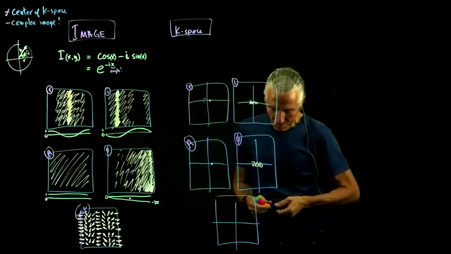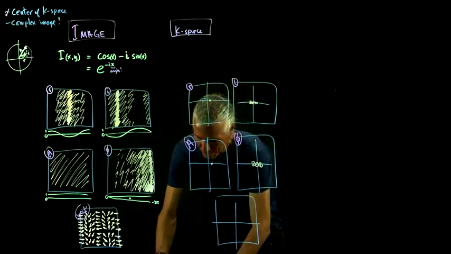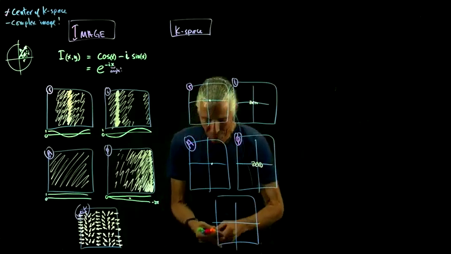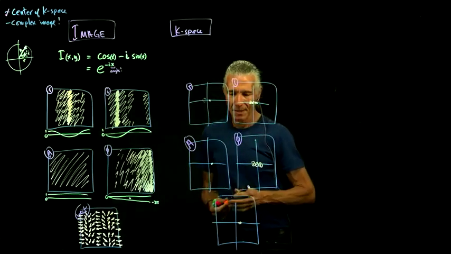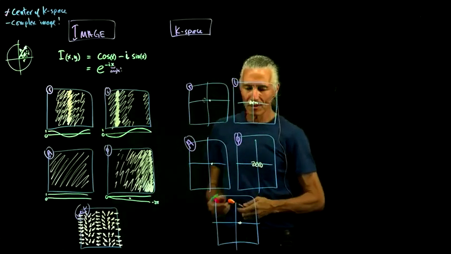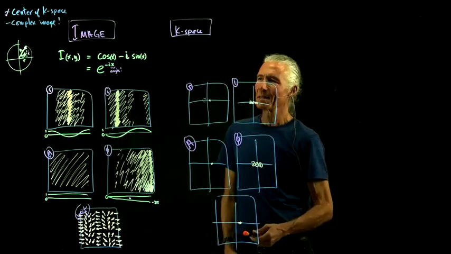And when we get down to our complex picture, we just got one vector with 0 phase. So this turns out to be what a single point in kSpace actually looks like.